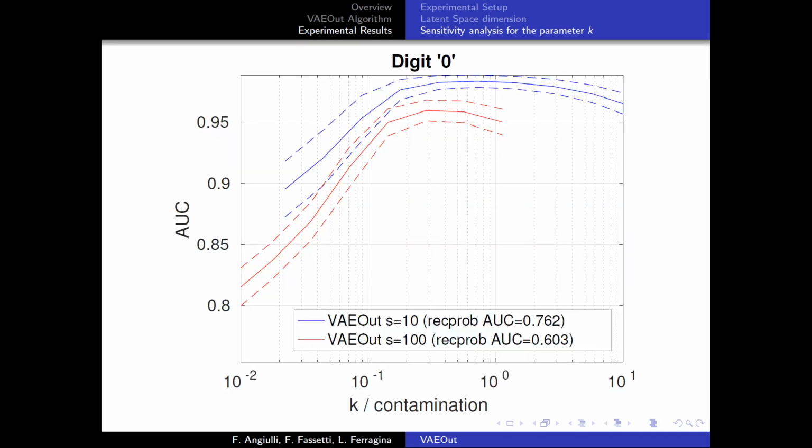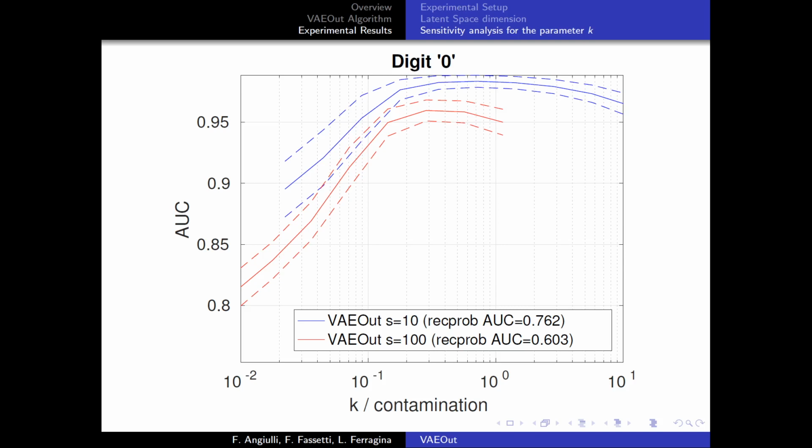This plot is relative to the dataset obtained from MNIST by considering the class 0 as outliers. On the horizontal axis, we have the normalized neighborhood, k divided by c, and on the vertical axis, we have the area under curve. The red line is relative to the dataset with s equal to 100.